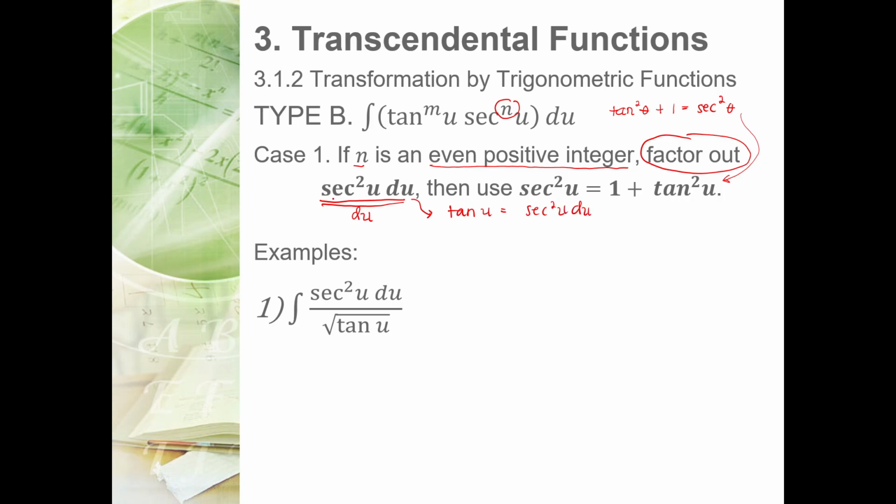That's why we need to factor this out and have its purpose later in the u-substitution technique. So after factoring out sec u du, we need to apply this particular Pythagorean identity.